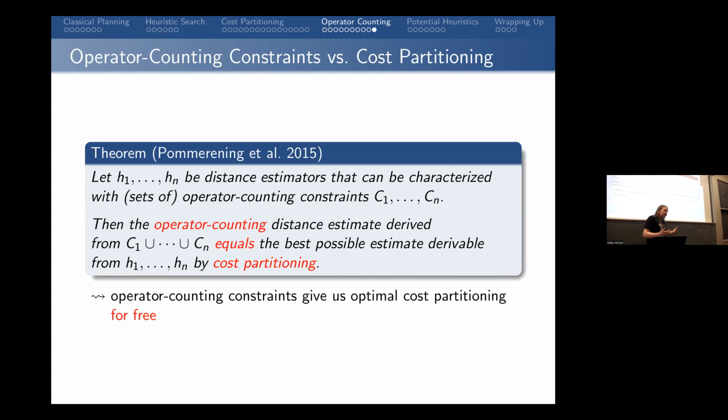And the nice thing about this is, like I said before, for cost partitioning we didn't have a general way to do it. We had to do it for every heuristic separately. Now we know how to do it. We just express it as a constraint and then run with it.